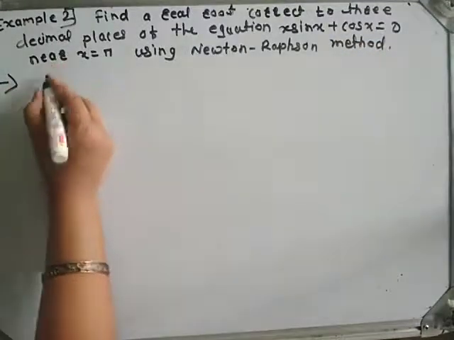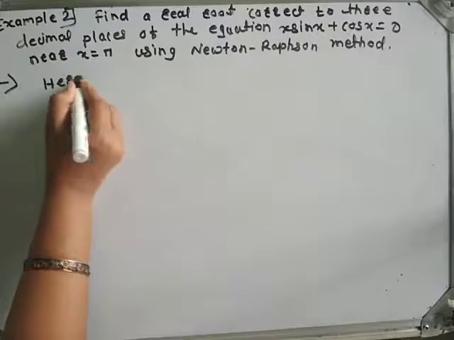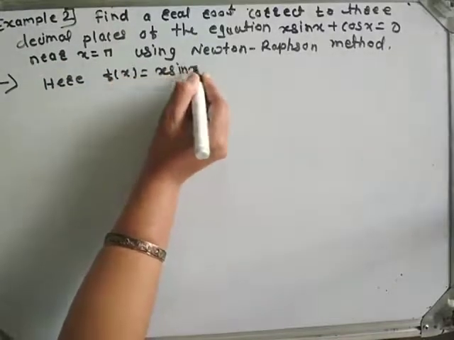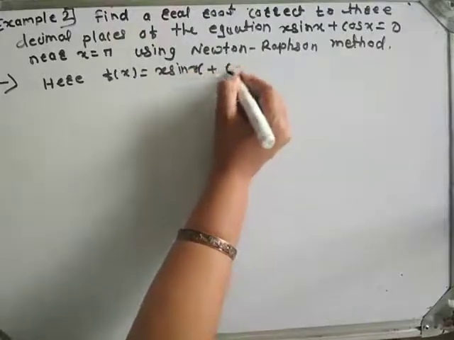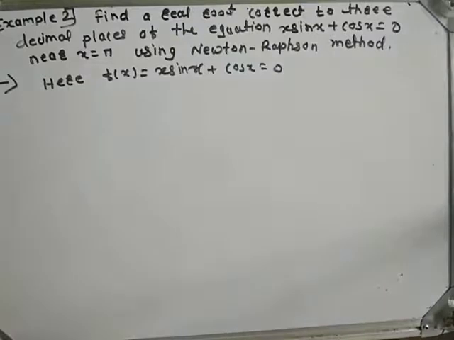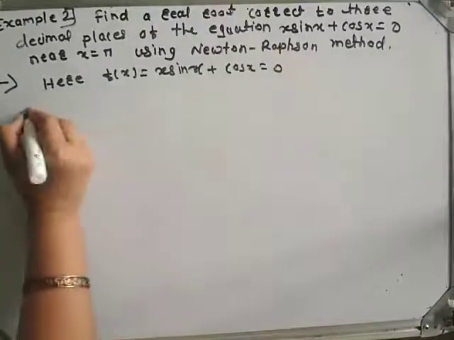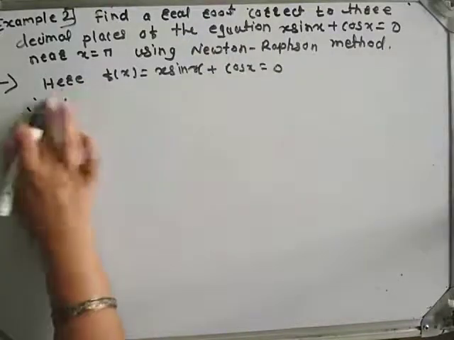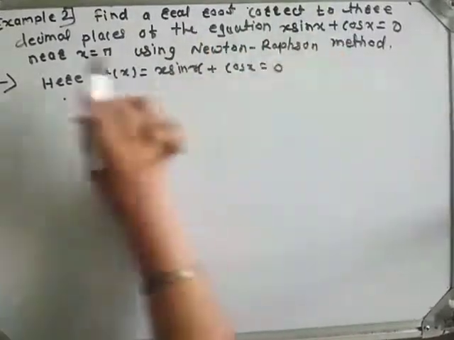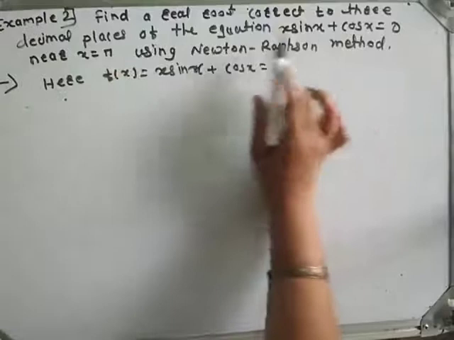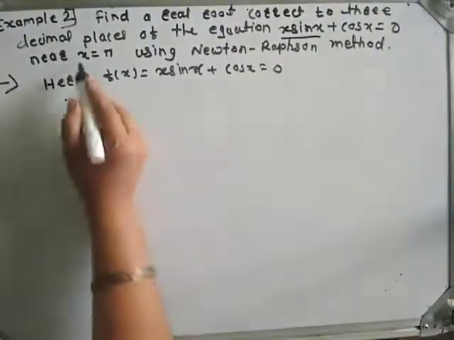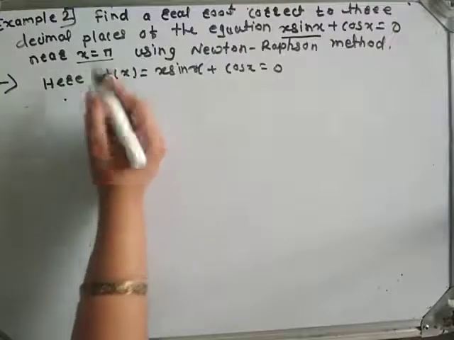Solution. Here f of x is x into sin x plus cos x is equal to 0. Therefore, here we have to find real root correct to 3 decimal places of the equation x into sin x plus cos x is equal to 0 near x is equal to pi.